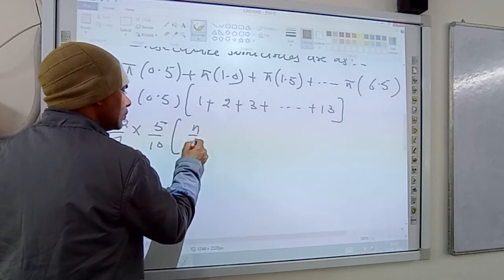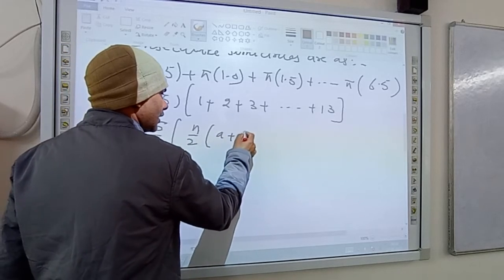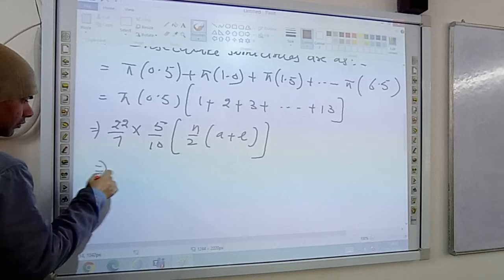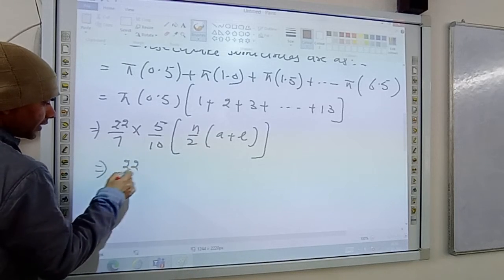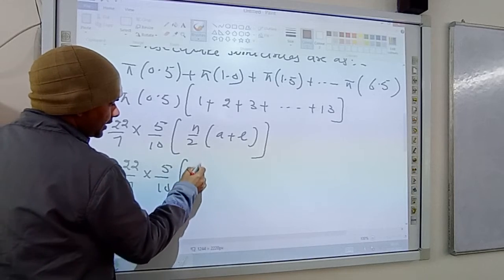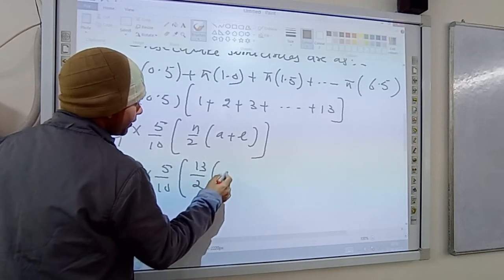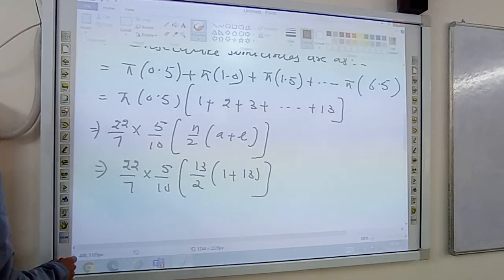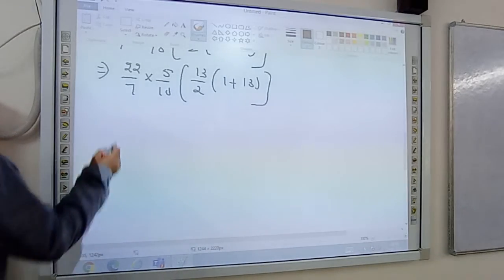Sn equals n by 2 into a plus l, that is 22 by 7 into 5 by 10 into 13 by 2, first term is 1, last term is 13. Am I right or wrong?